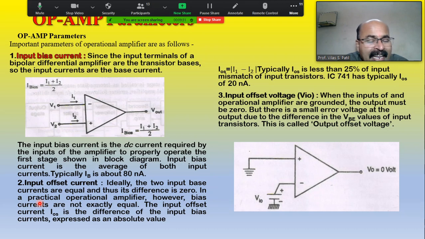That is theoretically; it should be zero, but practically is it? No, there is some difference, and we get some output voltage, and we have to calibrate it. Calibration in the case of an operational amplifier is very important.